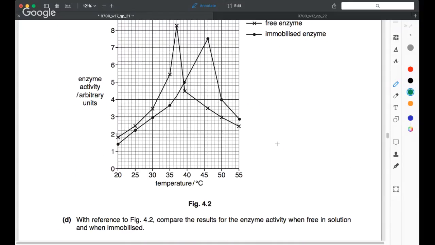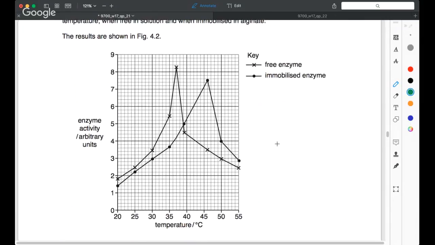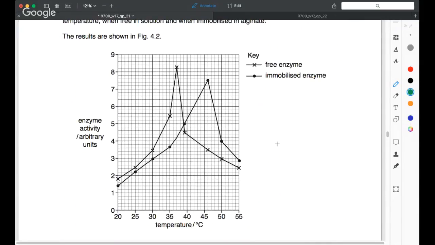Okay. And the enzyme activity at optimum temperature for the free enzyme is 8.3, while the enzyme activity at optimum temperature for the immobilized enzyme is 7.6.